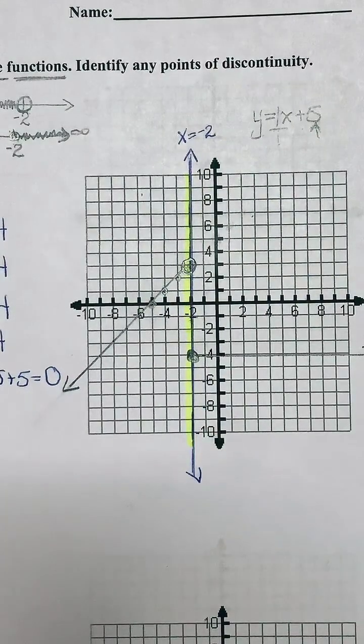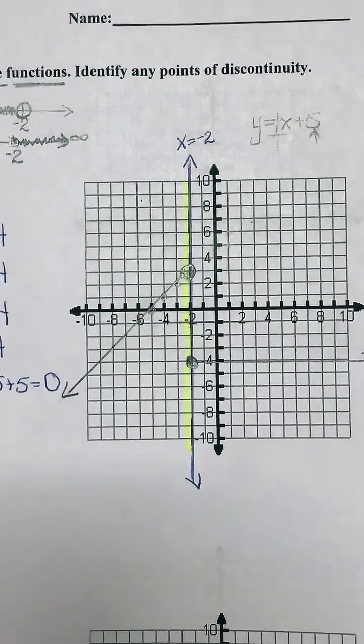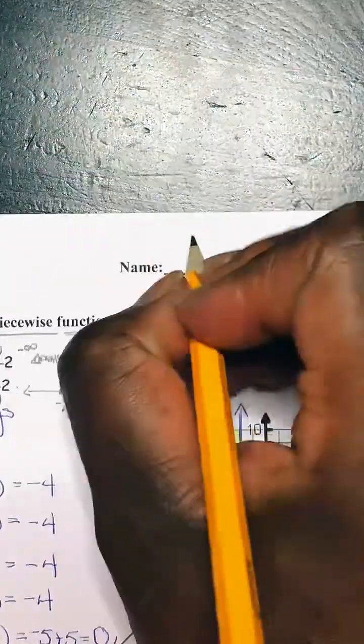It's just a constant. Meaning in another problem, if I had 2x, you would go up 2 and over 1. Anytime your x value, let me put it up here for a second.